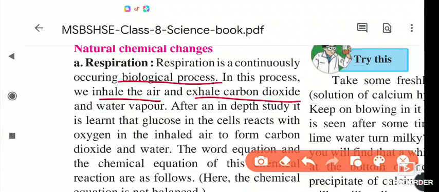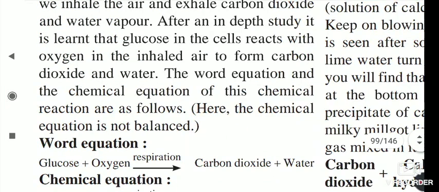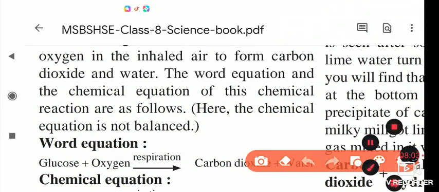After in-depth study, it was learned that the glucose in the cell, present in whatever we eat, reacts with the oxygen that we inhaled, and forms carbon dioxide and water.